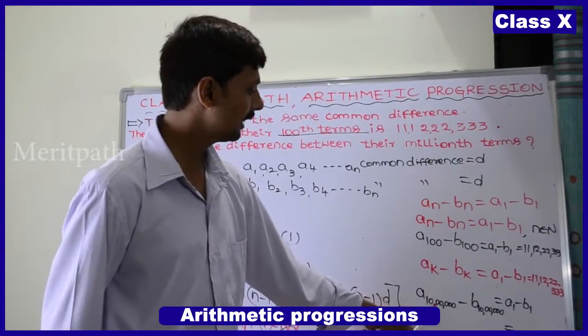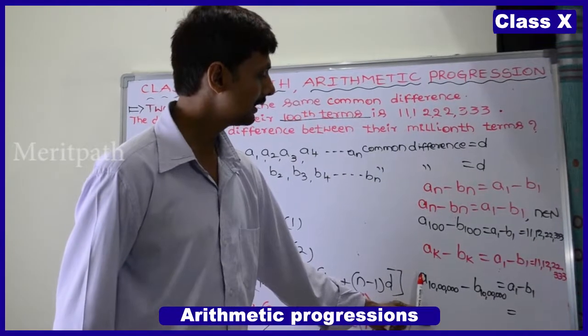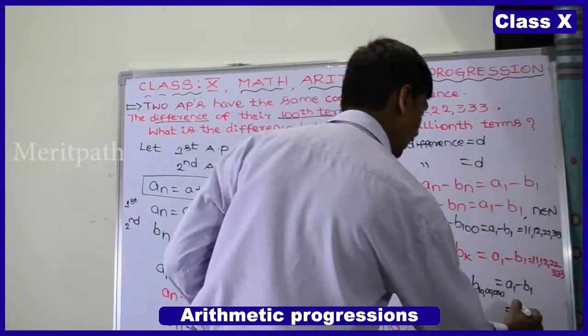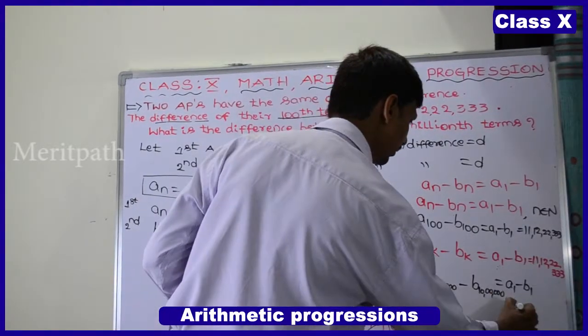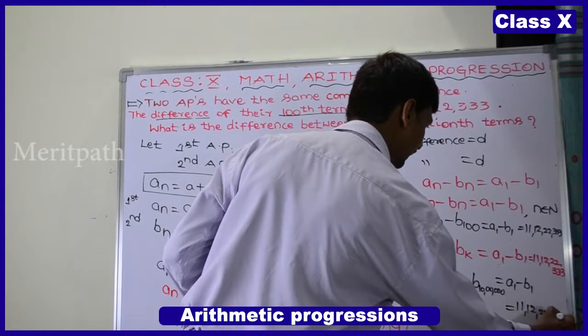So in the place of k, if you take 10 lakhs, a 10 lakhs minus b 10 lakhs is also a1 minus b1, and we know that a1 minus b1 is equal to 11 crore 12 lakhs 22,333.